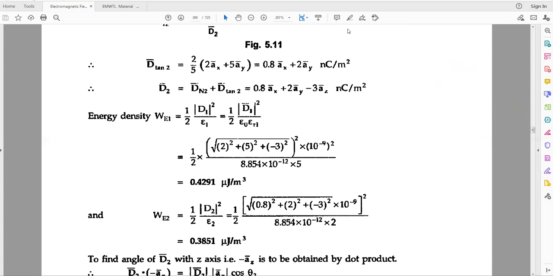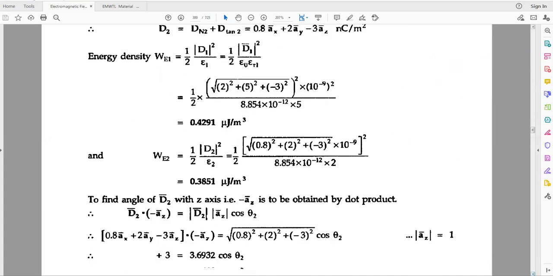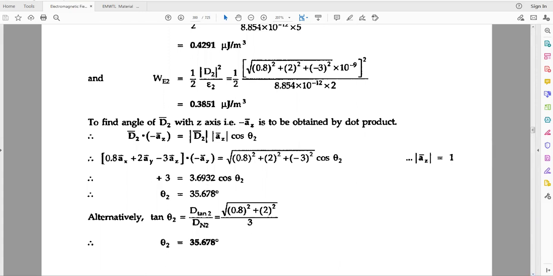Okay, my students. Next they ask to find the angle of D2 with the z-axis, that is minus AZ bar, to be obtained by the dot product. We know the formula for the dot product: A bar dot B bar is equal to the magnitude of A, magnitude of B, and cos theta.